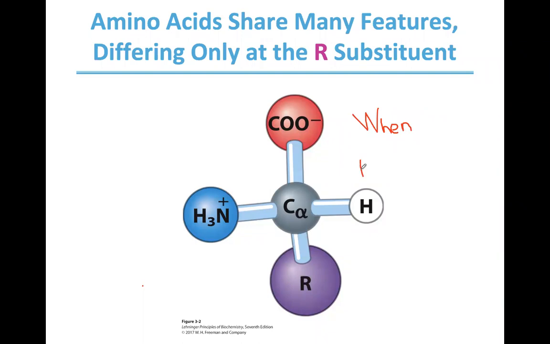When pH equals pKa, 50% of the carboxylic acid is deprotonated. So that's when it is a carboxylic acid.